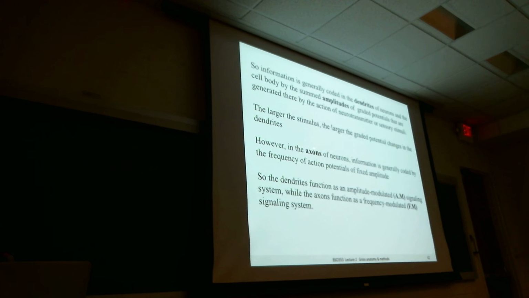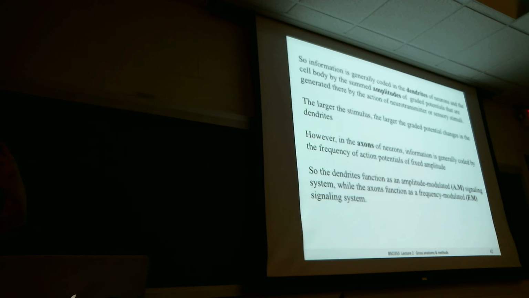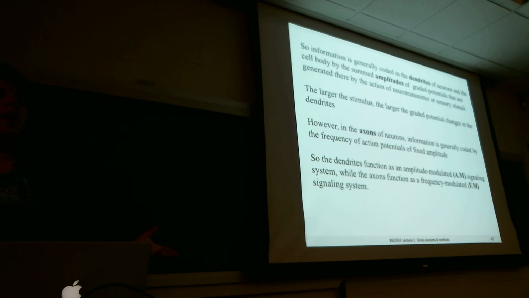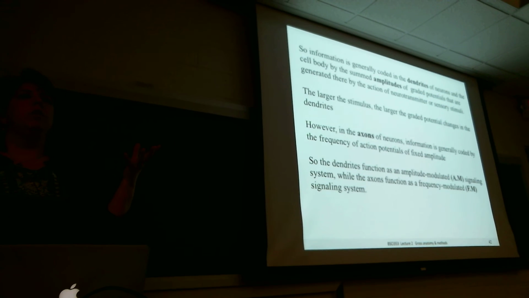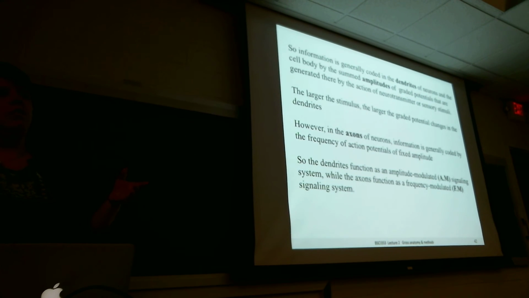In the axons, you have this threshold mechanism, where you get either an all or none signal. So either you don't have enough input, there's not enough of a graded potential to fire an action potential, and it just kind of fades away, or you reach threshold and it fires an action potential. And if you have lots of graded potentials continuously coming in, it will fire multiple action potentials.